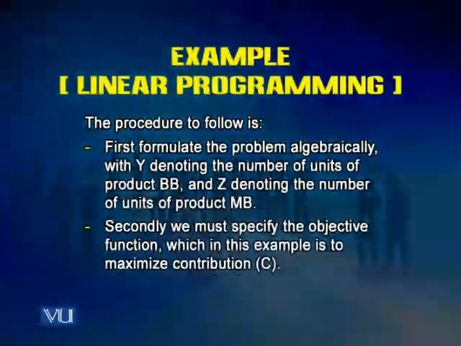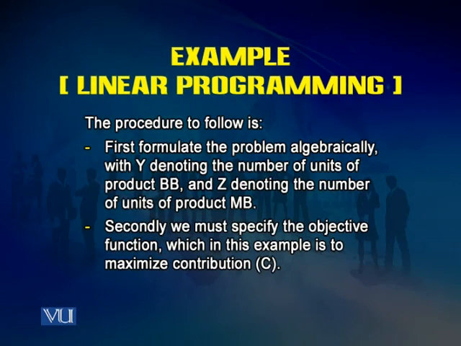For simplicity, we are now going to call the units of VB as Y and the units of MB as Z. So now we will refer to Y and Z in order to identify the two products.